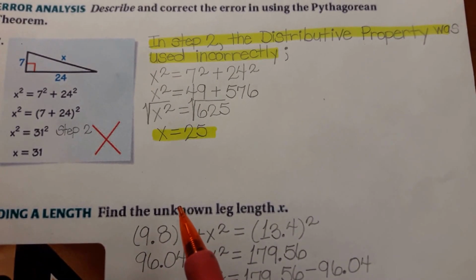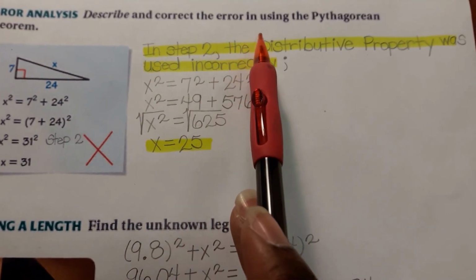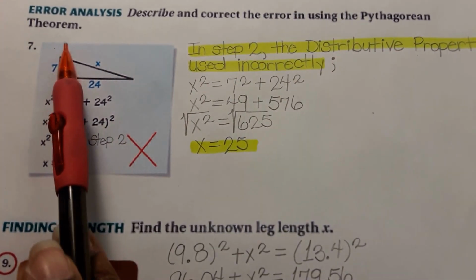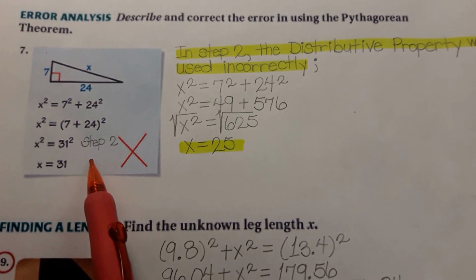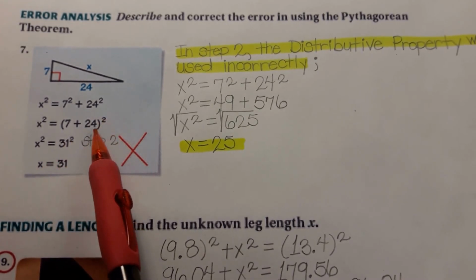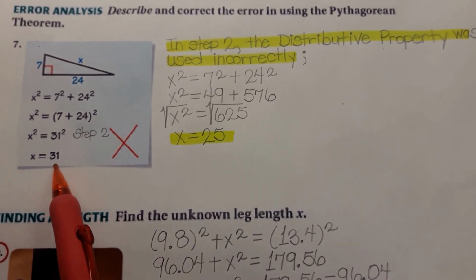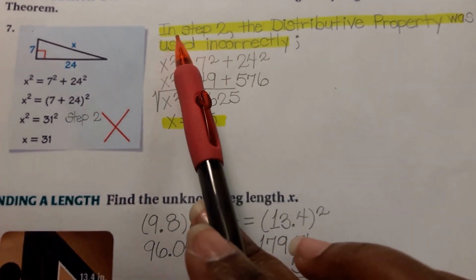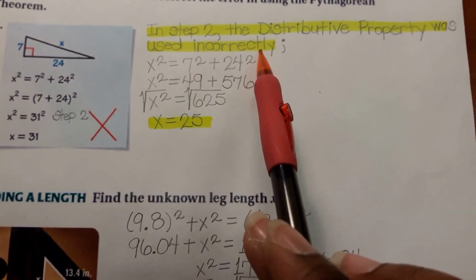Number 7 says describe and correct the error in using the Pythagorean theorem. So if you look at the error here, I have a problem on these two steps, which causes my answer to be incorrect. It says in step 2, the distributive property was used incorrectly.